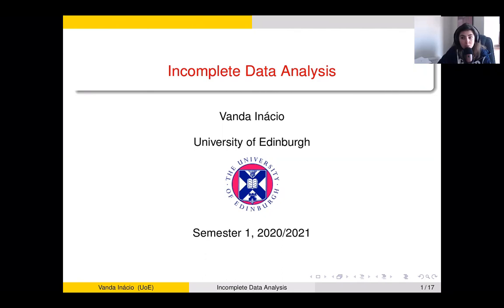And next week and the week after, we will get some hands-on experience analyzing data sets and see how to do multiple imputation in practice. So this week it will be more about the methodological fundamentals that we need to then do multiple imputation in practice. But okay, let's get started.